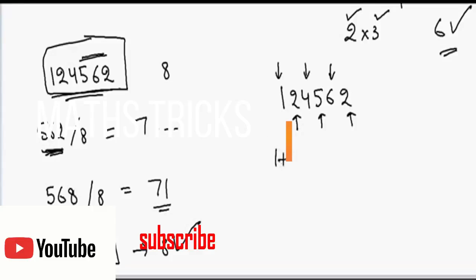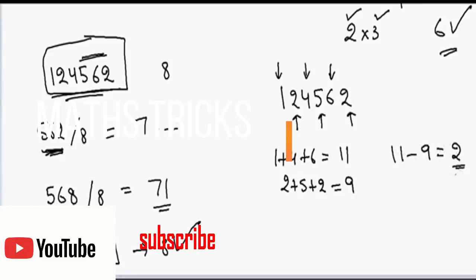So I'll say 1 plus 4 plus 6, that's 11, and then 2 plus 5 plus 2, that's 9. If I subtract 9 from 11, that gives me 2, and 2 is not divisible by 11, so this number should not be divisible by 11.